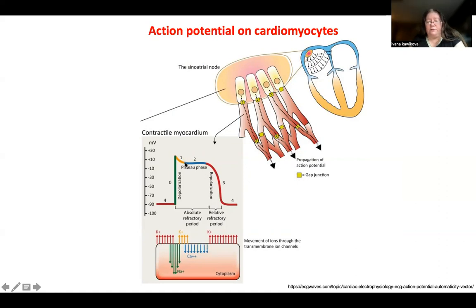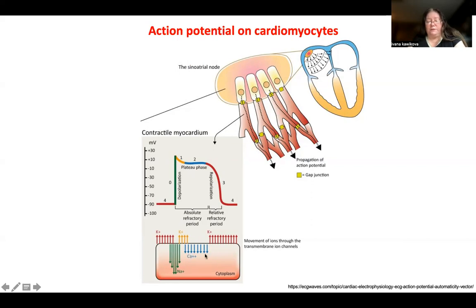The voltage-gated calcium channels are open, and calcium moves in. And we call this calcium-induced calcium release, which will be important then for contraction. So calcium comes in, and because now we are at positive voltages, and calcium is also positively charged, there is a delay in the repolarization.